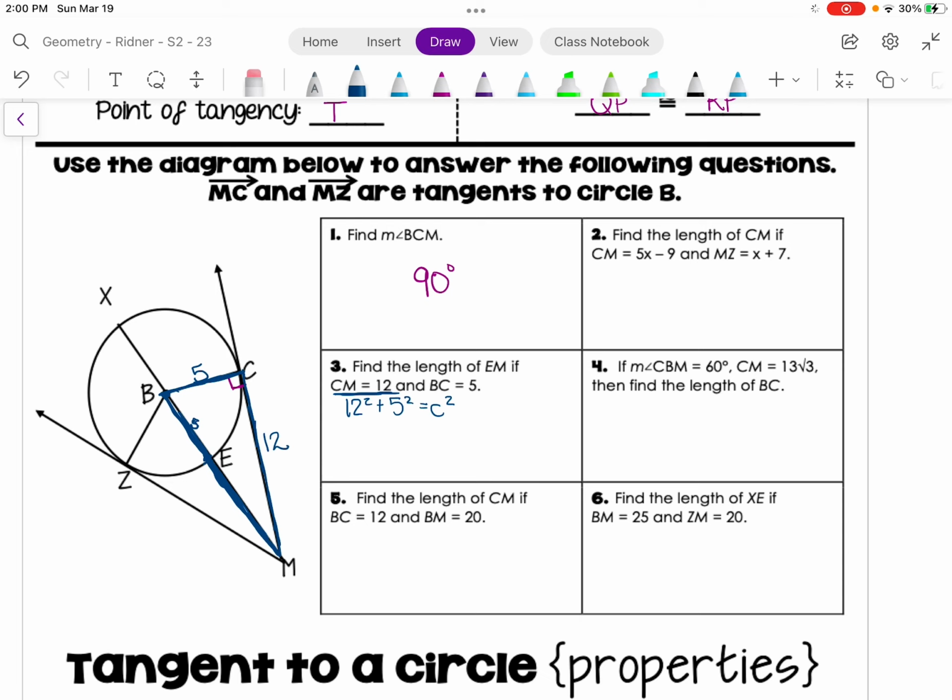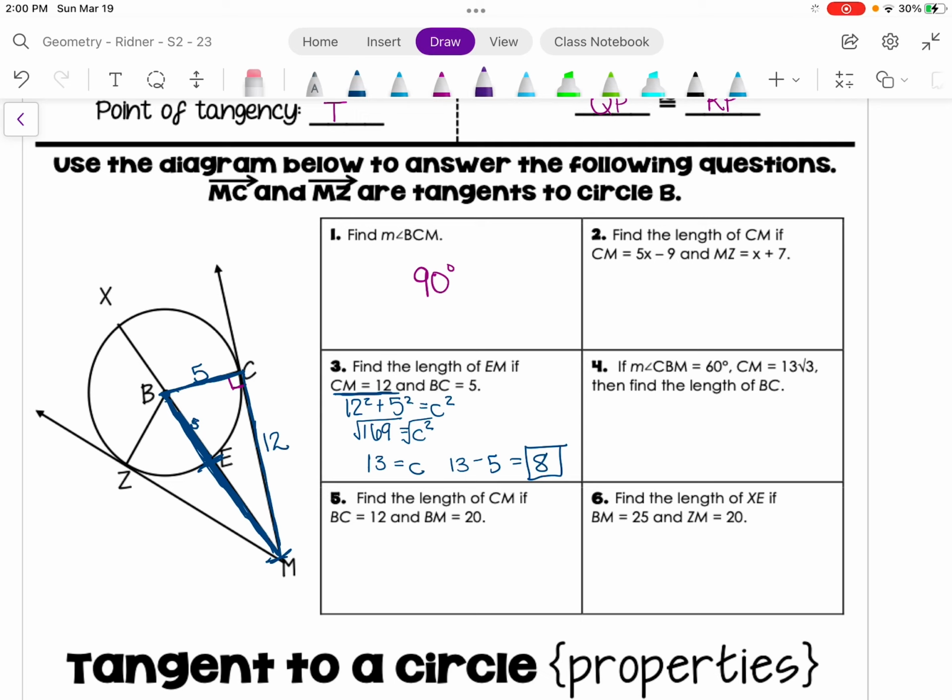So that's 169 equals c squared. Take the square root. 13 equals c. Now remember, 13 is the whole length, right? We need to take 13 and subtract that 5 that we know to get just the upper piece here, which is 8.